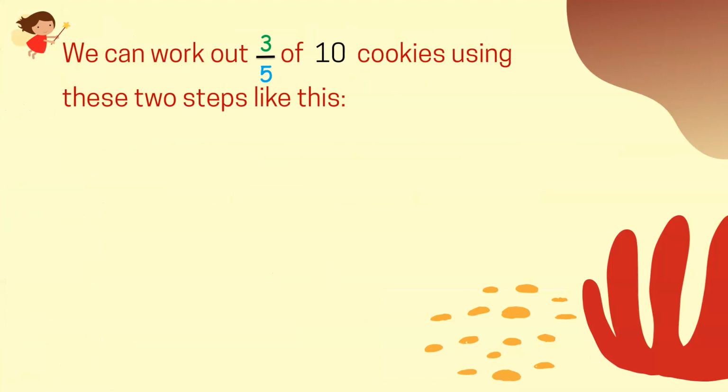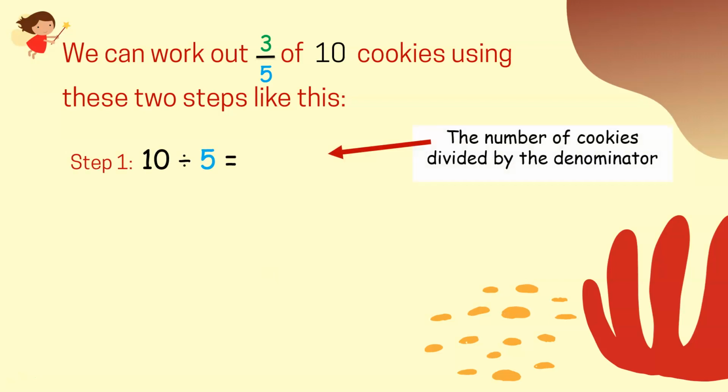So we can work out 3/5 of 10 cookies using these 2 mathematical steps like this. Step 1, 10 divided by 5. That's the number of cookies we've got originally, 10, divided by the denominator, 5. 10 divided by 5 is 2.